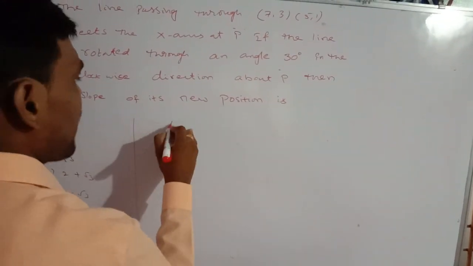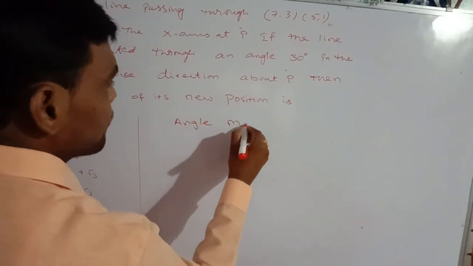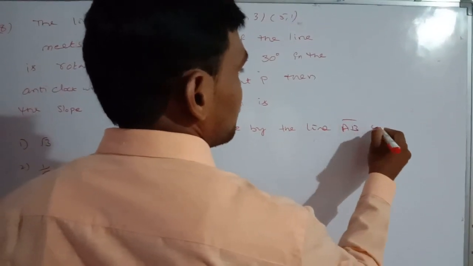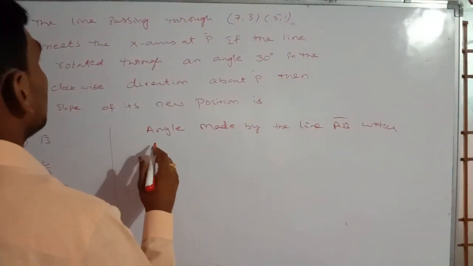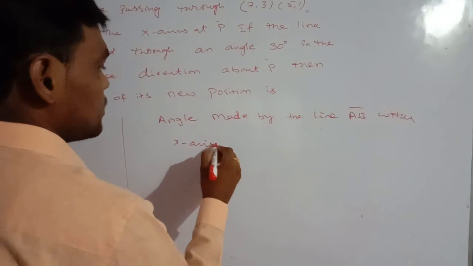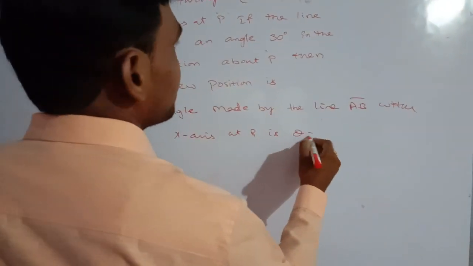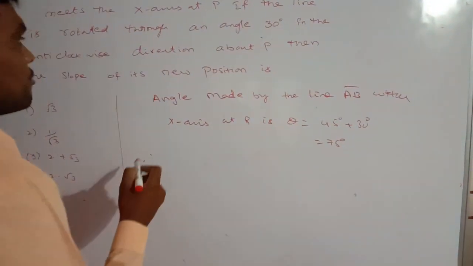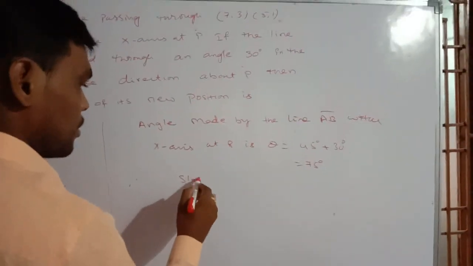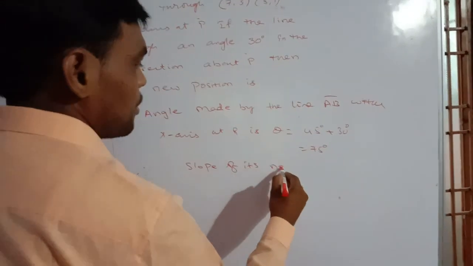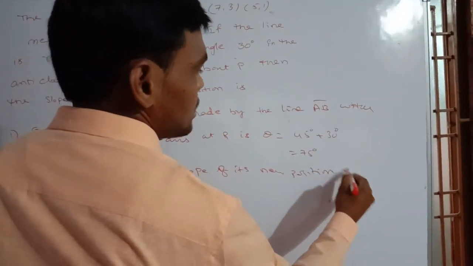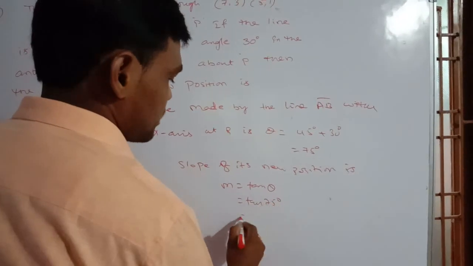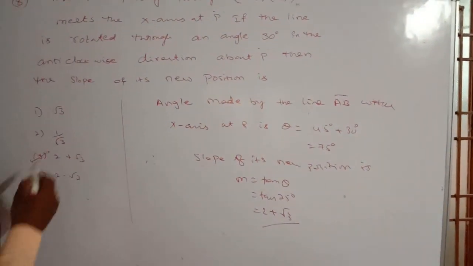First of all, the angle made by the line AB with the x-axis at P is theta equal to 45 plus 30 degrees, that is 75 degrees. Therefore the slope of its new position is m equal to tan 75 degrees, which is 2 plus root 3. Now the answer is the third option.